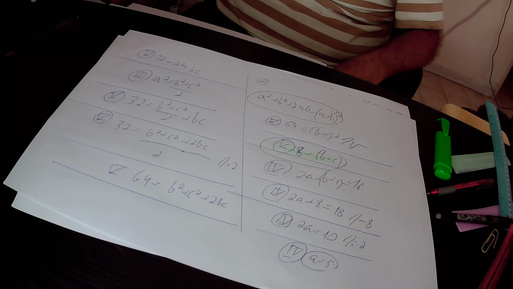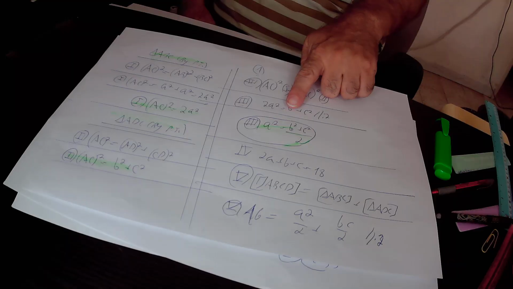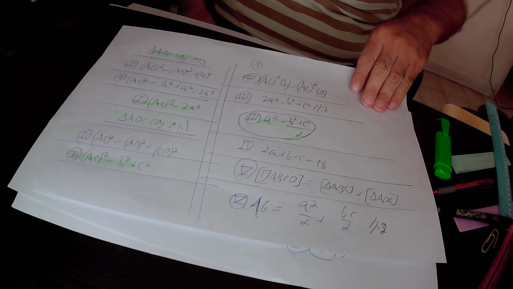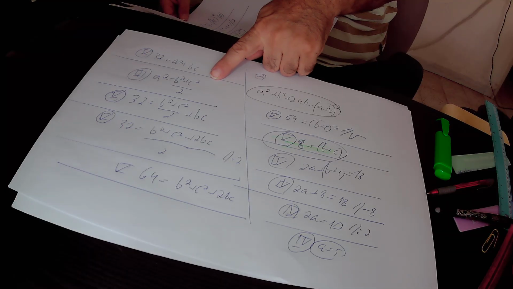But according to equation 3, we found that A squared equals B squared plus C squared over 2.